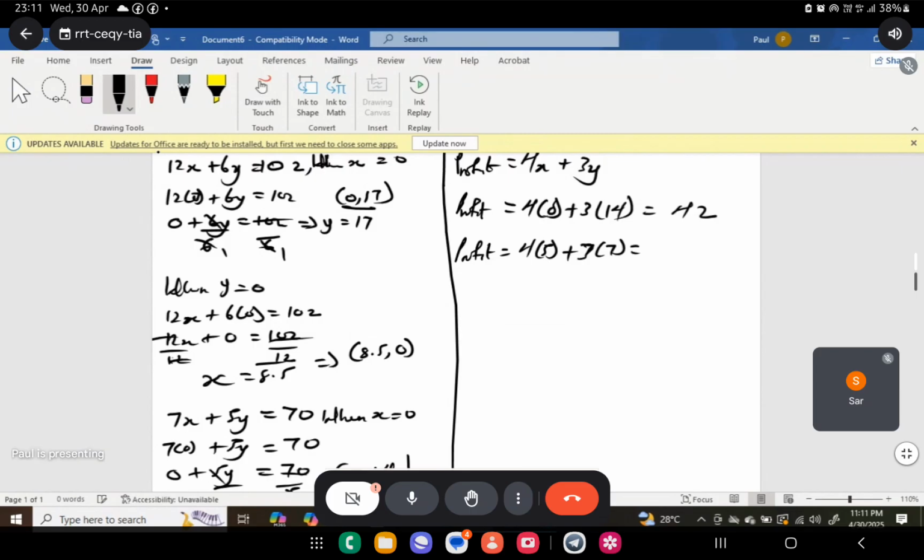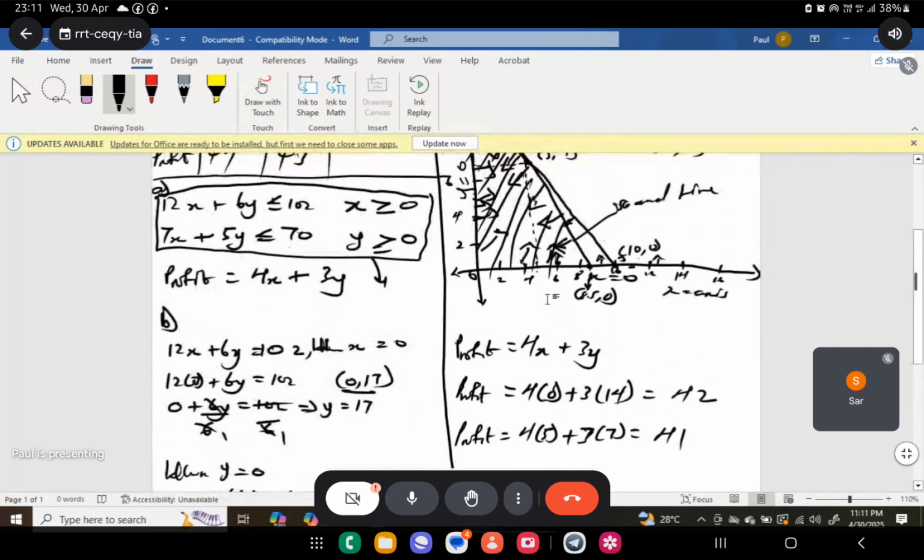So 4 times 5 is 20 plus 3 times 7, 21. So plus 21, which is 41. So this one is giving us lesser profits than the first one.